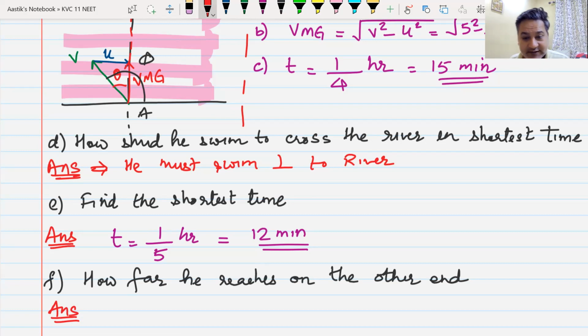He will not reach the exact opposite end. He will reach somewhere ahead. How far ahead? How far ahead does he reach? No answer?